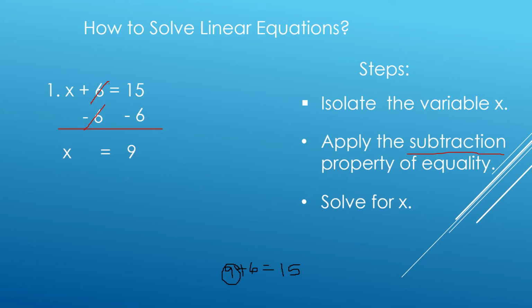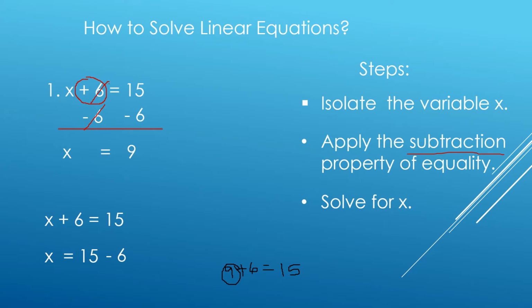So next, you notice here, this is 6, which means positive. And on the other side, we can get that easily by doing it like this, which is the shortest way.